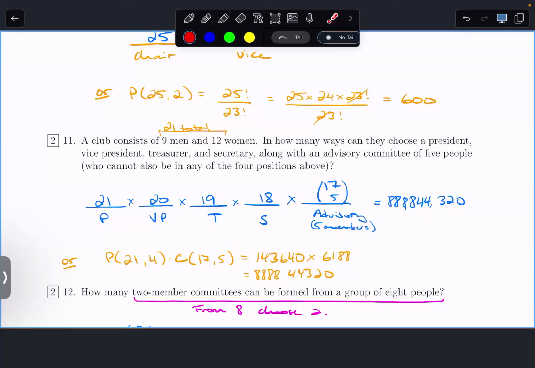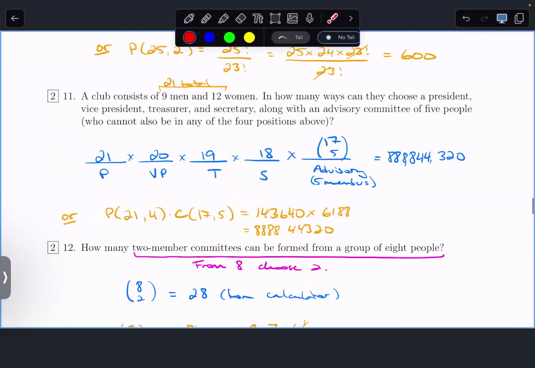Because there's a difference between being the president or the vice president or the treasurer or the secretary, order matters. If you were picked for this spot, that's different from being picked for this spot. So you could rewrite this section as a permutation: 21 permuted 4 ways. And then the choose function, because then you're just grabbing a group of 5 and they're either in the group or not. And you're saying you're not going to put that on this.